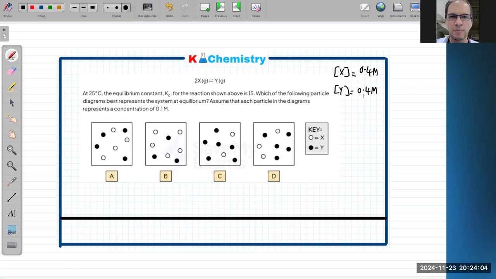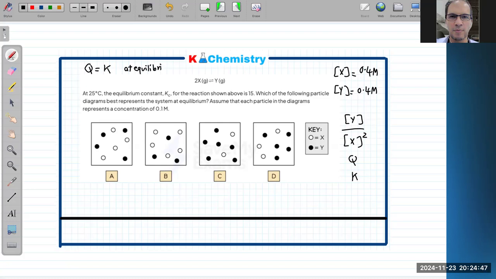So which of the following particle diagrams represents the system at equilibrium? It is saying that when you are at equilibrium, what is your Q for every one of them? Because I already have the value of the Kc. If you find the division of y divided by x to the power of 2 at any point, that's equal to Q. And if you find it at equilibrium, that's equal to K. So if your Q is equal to K, you are at equilibrium.